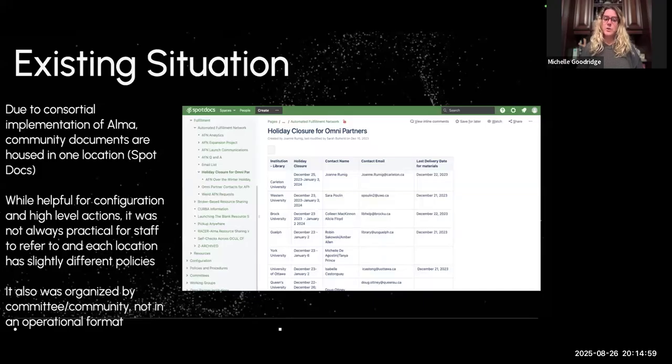However, it was not always very practical for staff to refer to because locations have different rules, and it was more top-level management and organized by committee or community. So it became, again, challenging for staff to find what they needed in a timely manner. And also we had to get them logins to have access to it. So it's a great resource, but it wasn't really fulfilling our operational needs.